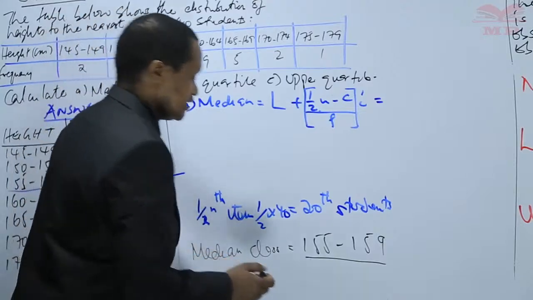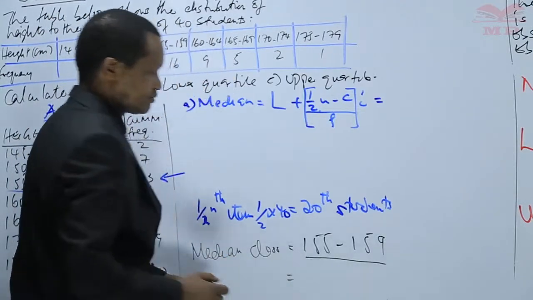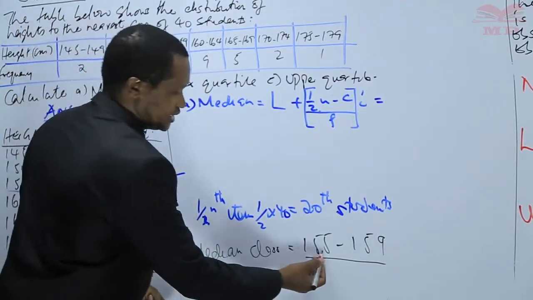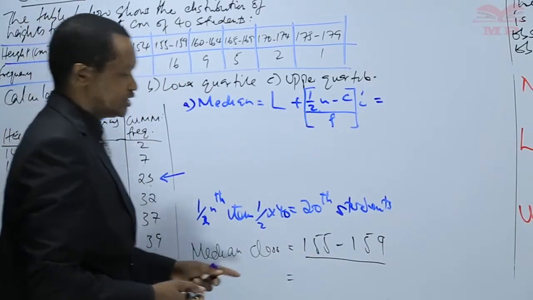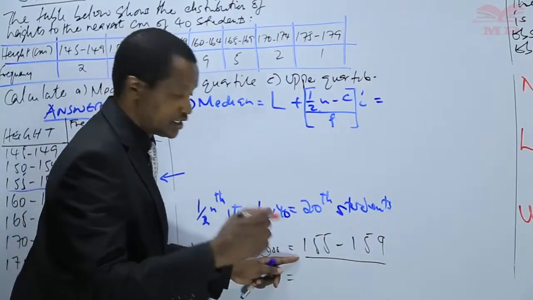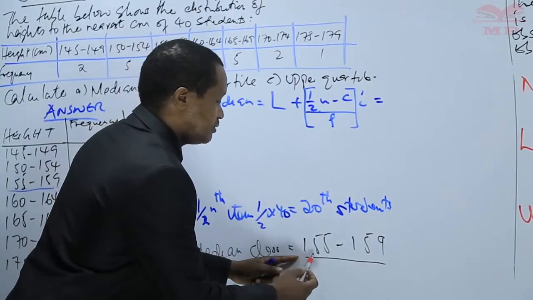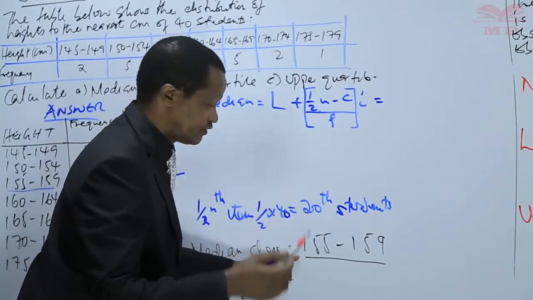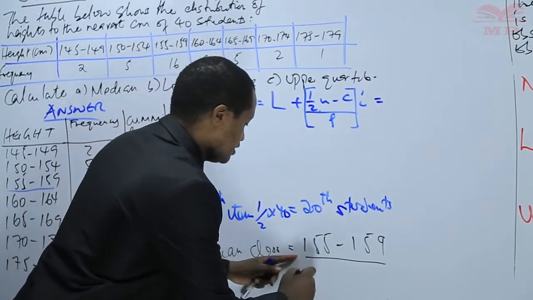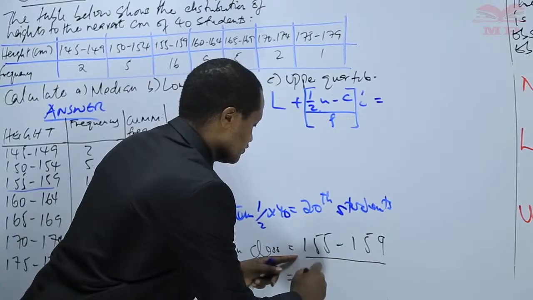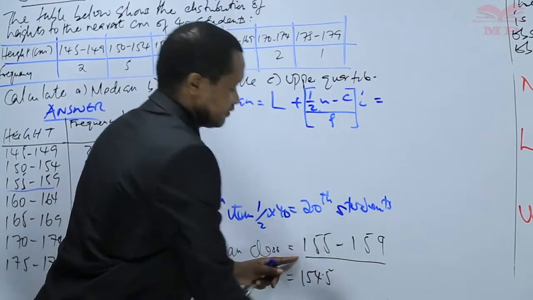So what is the class boundary here? This is class limit. We need to calculate class boundary. For the lower class boundary, we simply deduct 0.5 from 155, and this will be equal to 154.5.